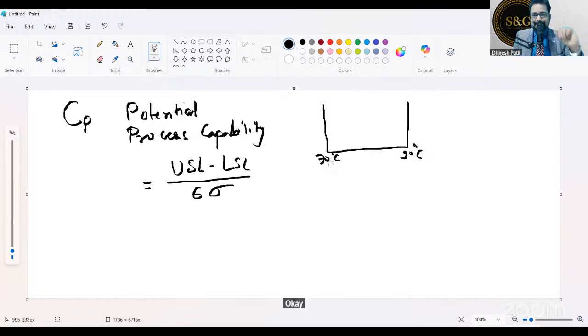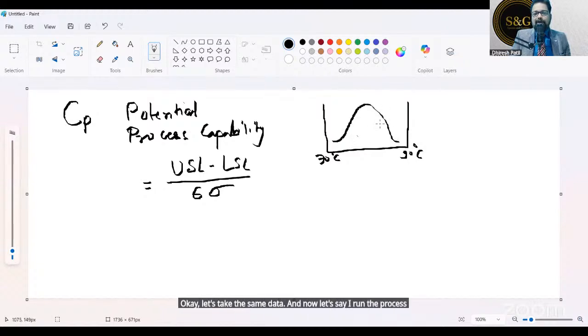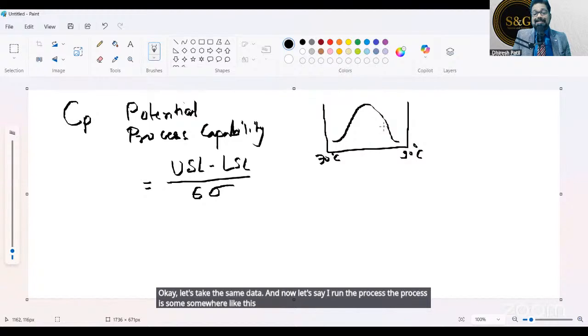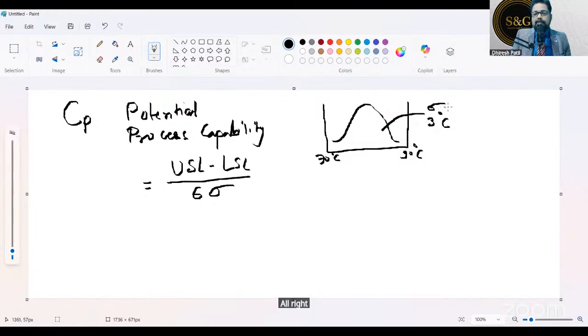And now let's say I run the process, with a standard deviation of, let's say, 3 degree centigrade. Sigma is equal to 3 degree centigrade. I'm just giving you some random numbers.